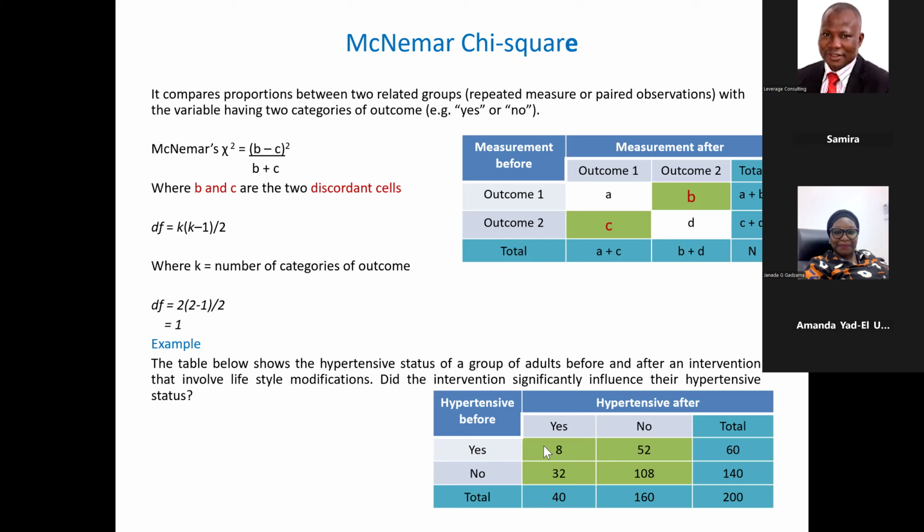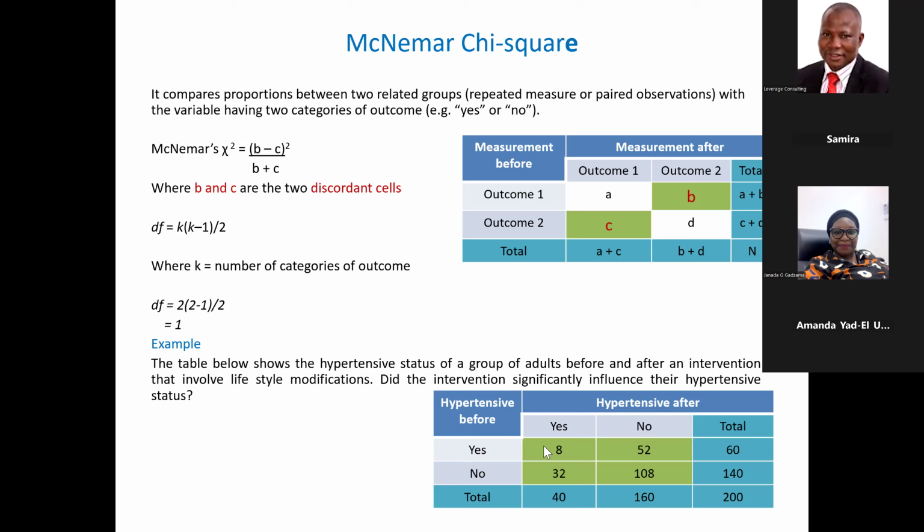All those other cells in blue are the totals. When we are talking about number of cells, the ones in the middle are what we are looking at, not the totals. So there are 4 cells. This is a 2 by 2 table. Now, the concordance here is A and D, or 8 and 108.